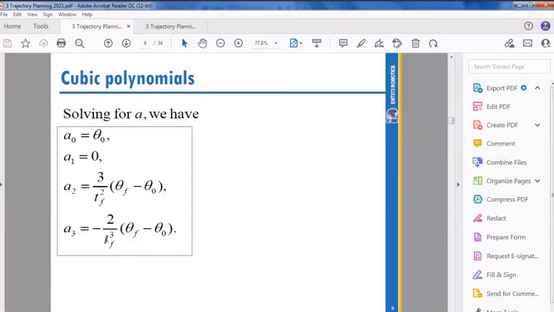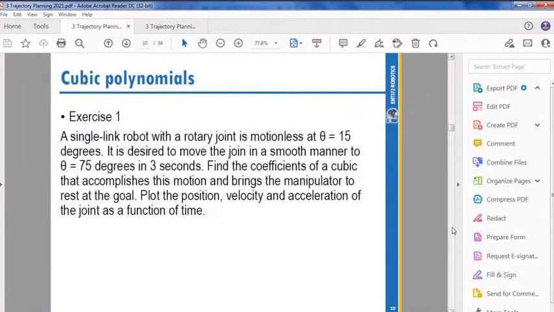This is also the same time final. But to find A3, time to the power of 3. To find A2, t to the power of 2. But here you have a minus. A3 you have a minus. This is the example.